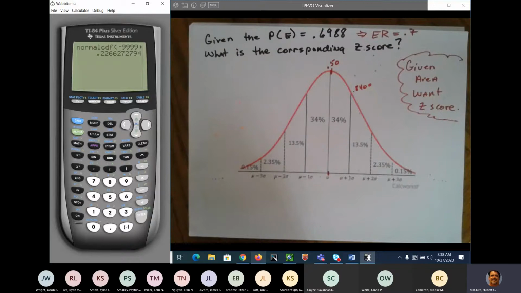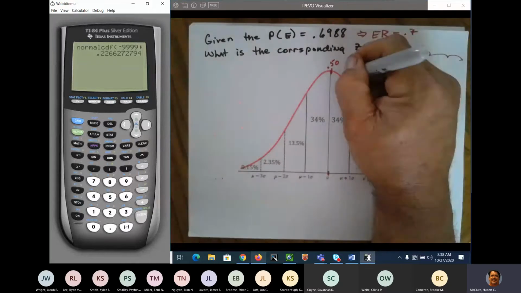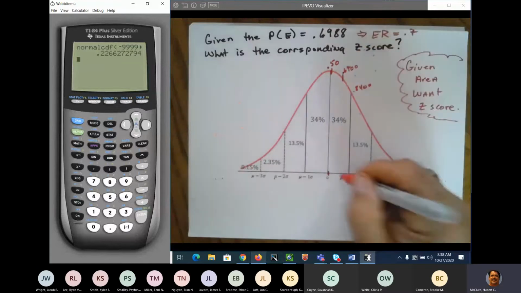Half of 34 is 17, so 17 would give us 67, and that would be halfway.